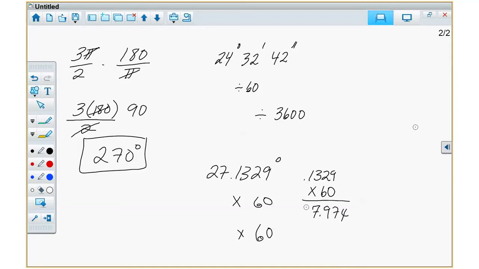So that's 07. So that would go 27 degrees, 07 minutes, and then take that 0.974 and multiply it by 60. And what do you get? 58.44, so 58. It's funny that you have to do that. 58 seconds.